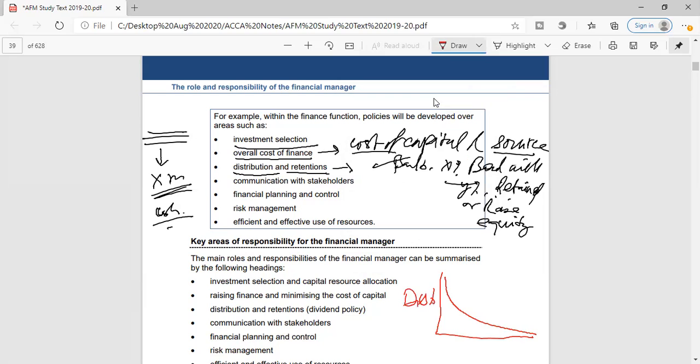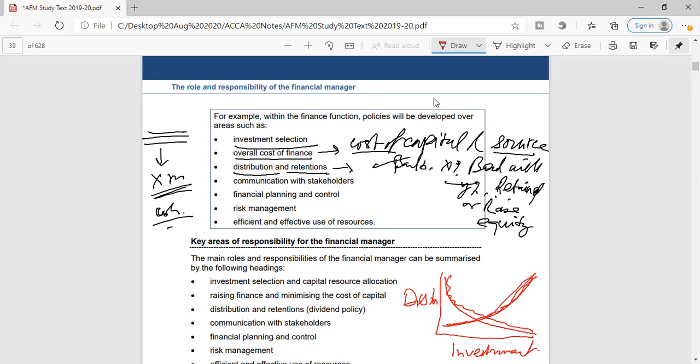So distribution and investment, right? Imagine the graph for investment. This is the graph for distribution. As the distribution goes down, you have more money to invest and investment goes up.